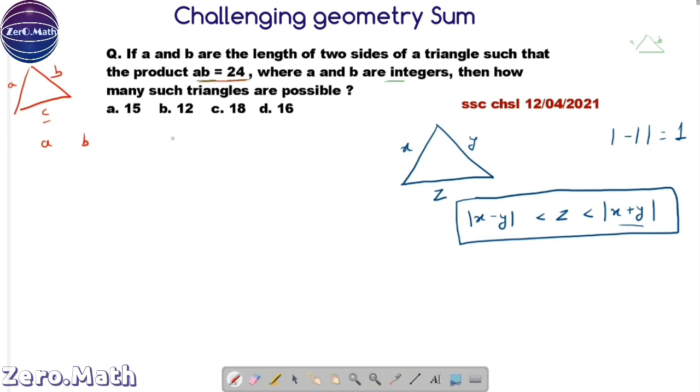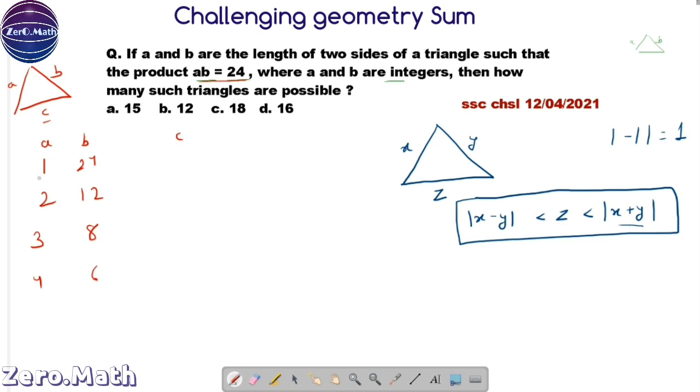So A, B and the third side is C. So let's say if the length of A is 1, then B has to be 24, because what has been given is the product of A and B is 24. So if the length of A is 2, then the length of B has to be 12. So 2 into 12 is 24. If the length of A is 3, then the length of B has to be 8. 8 threes are 24. And if the length of A is 4, then the length of B has to be 6. 4 sixes are 24. Now let's figure out the value of C.